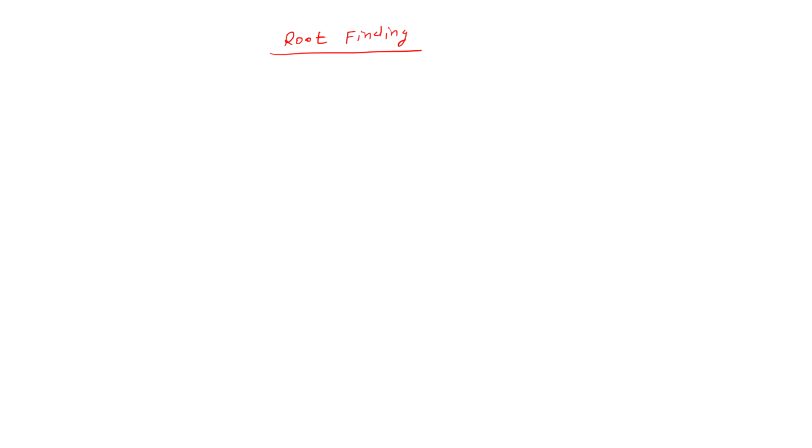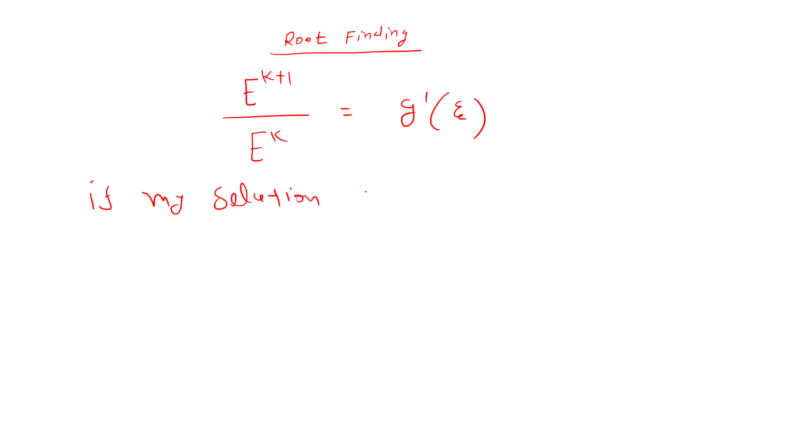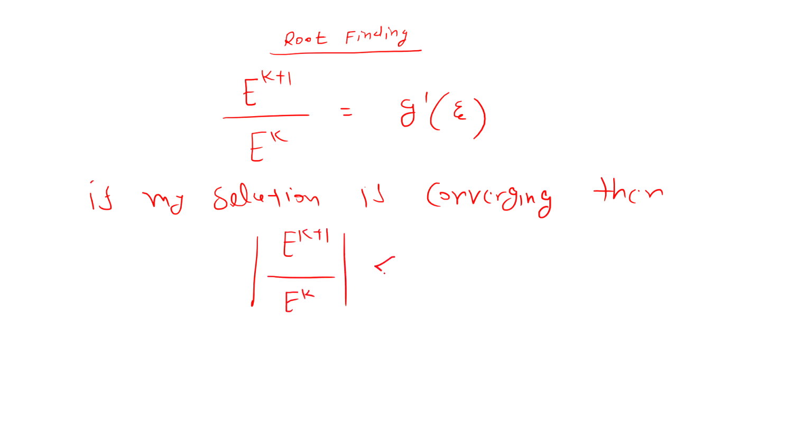So that means e at k plus 1 upon e at k is equal to g prime chi. Now if my solution is converging, then mod of e k plus 1 upon mod of e k must be less than 1.